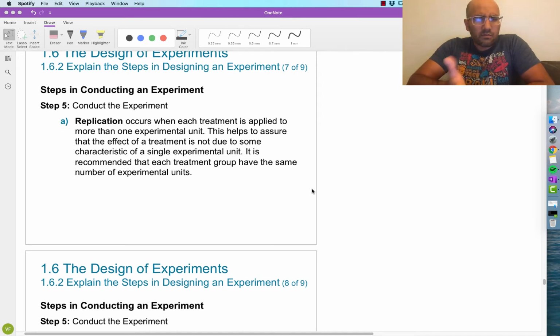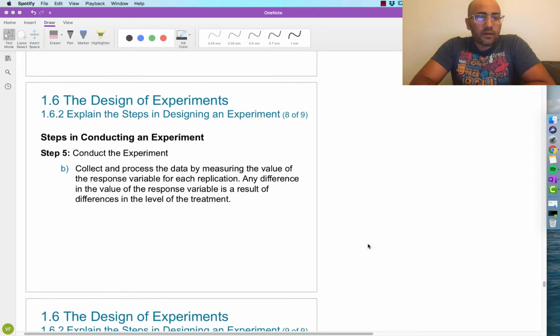So all these things might have an impact on our results. So we want to do replication. We want to apply our treatment to as many cows as possible to counteract some of these other uncontrolled factors.